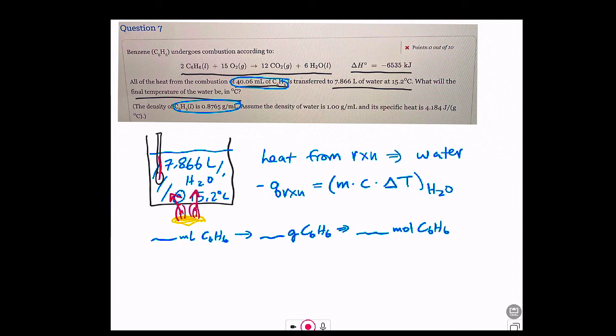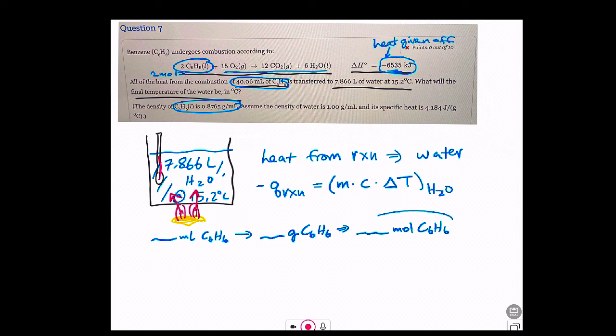And then you have to note what the reaction tells us: 2 moles of benzene, if it fully reacts, is going to produce negative 6,535 kilojoules. So the negative sign, of course, means heat given off. And the amount, the 6,535 kilojoules, corresponds to 2 moles of benzene.